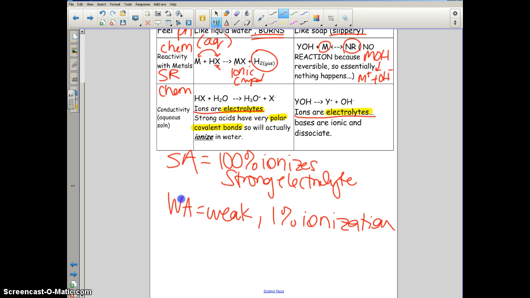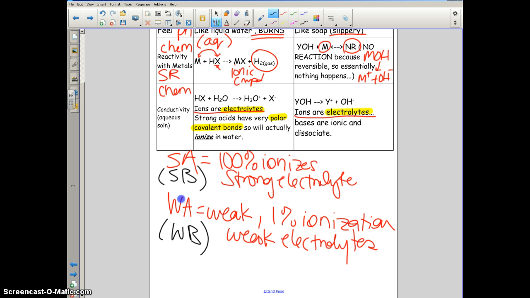That relates to just a small amount of ions being made. So very few ions relates to weak conductivity, so weak electrolytes is what we'll call them. So those are some common facts that you need to know about weak acids, strong acids. This can also be said the same way, but as a strong base and a weak base.